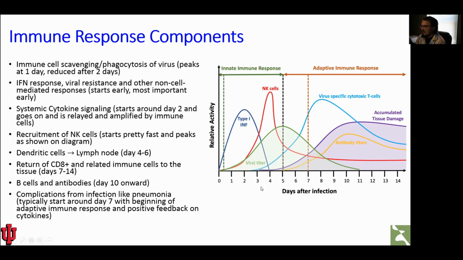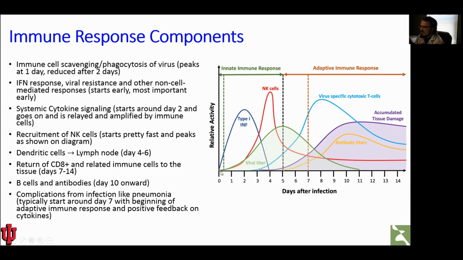There's interferon response and antiviral signaling from infected cells, as well as systemic cytokine signaling that begins around the first 2 days. And that's amplified and relayed by local immune cells to gear up the immune system into the adaptive response. There's then the recruitment of natural killer cells that tends to start pretty fast and peaks somewhere between 3 and 5 days.